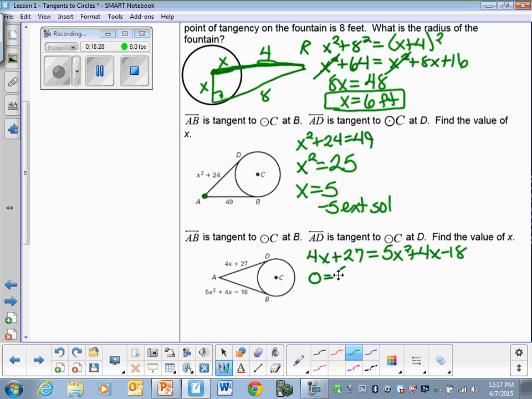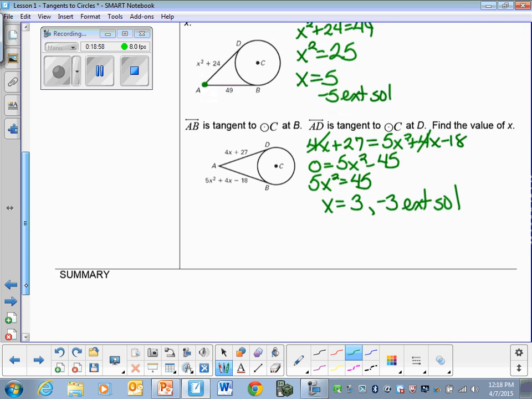So let's make this equal 0. 5x squared, the 4x's cancel out. 18 minus 27, 45. 5x squared equals 45. Wow, this one's nice. x equals 3, with negative 3 as an extraneous solution. Divide by 5, you get 9, then take the square root.